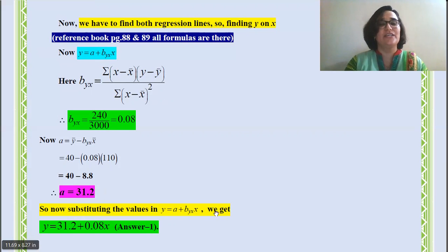Substitute these values in your main equation. Look, in place of a, 31.2 plus, in place of byx, 0.08x. This is your regression line of y on x. Right? If this was a 7 mark sum and half the sum is done, then 3.5 marks of explanation are finished. All right? Great going.